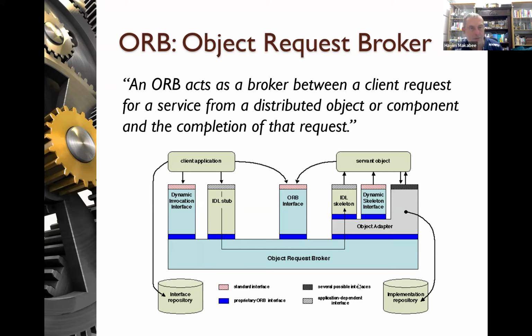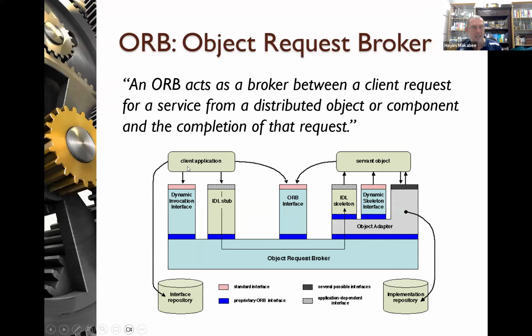So the idea of the ORB is that you have an interface repository. Each object has an interface, and the client application calls through the object request broker, and the object request broker makes the mapping between the request from the client application and the object that is receiving the call, which is the servant object.